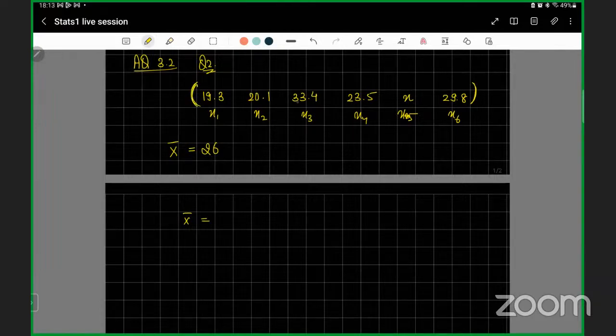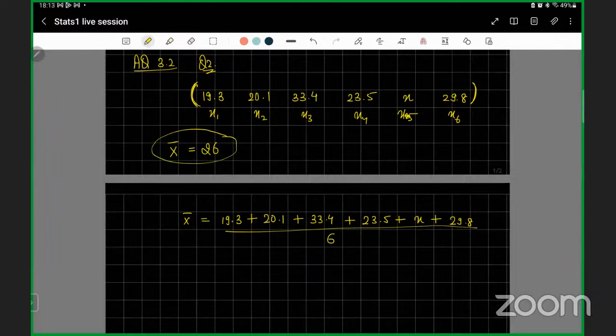Yeah, but how many observations do you have? 6. And what are the values? 19.3, 20.1, 33.4, 23.5, plus x, plus 29.8, divided by 6. And what is the mean given?